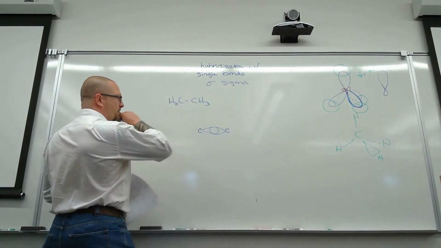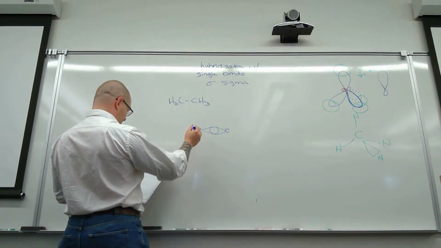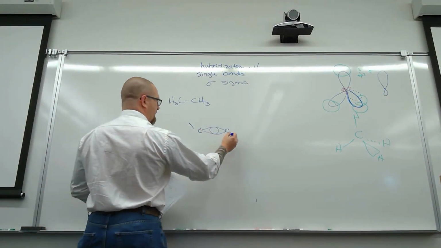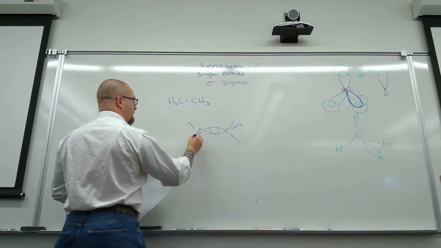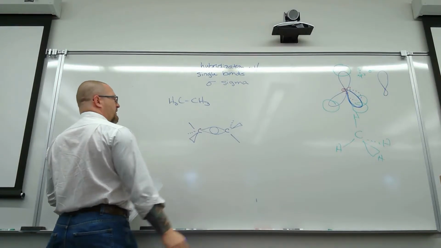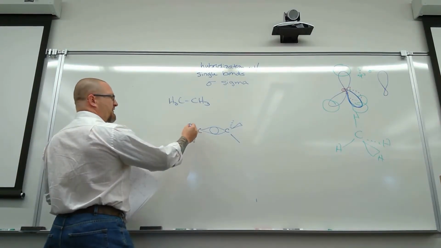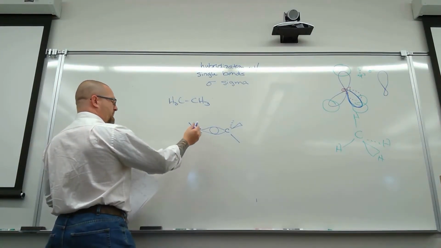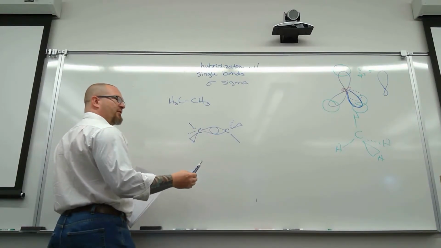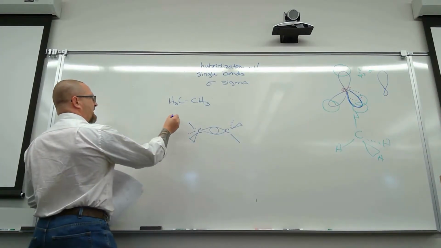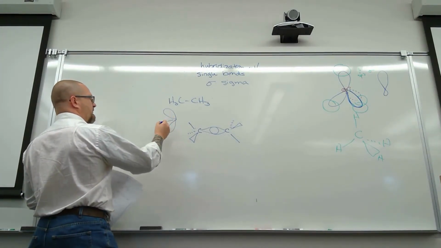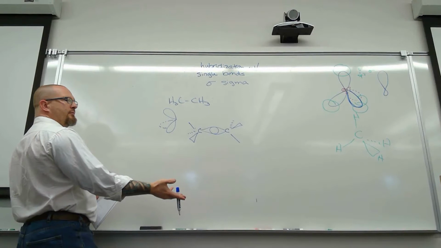And then, let's see here. These lines are also hybrid orbitals, but it gets a little odd for me to draw them because it's hard for me to do spatial hybrid orbitals. So each of these would look like that.